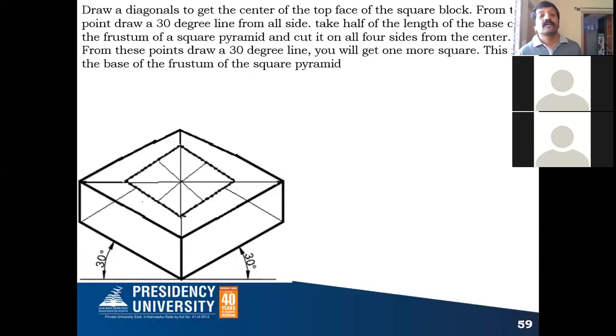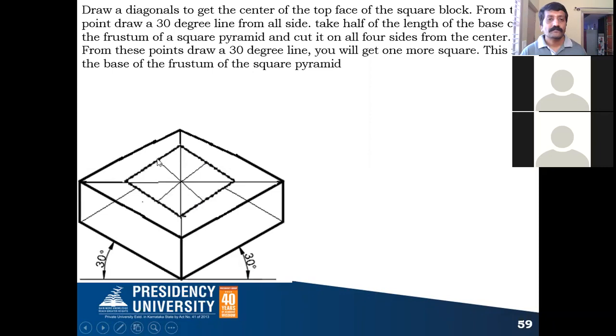After drawing the 30-degree lines on all four sides, you take the second square, the 40 millimeter square, which is the side of your frustum of a square pyramid, take half of that, and convert that into isometric scale. You cut it on all four 30-degree lines.